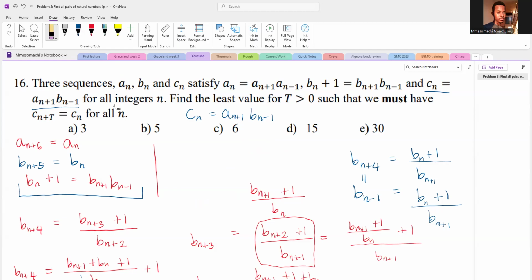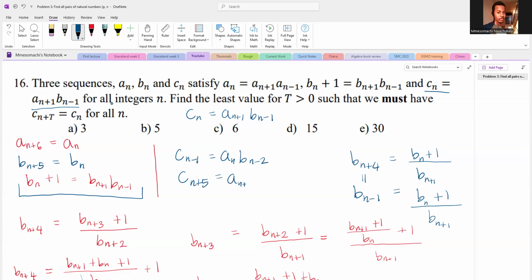You can always pause and look at what I wrote. So we look at Cn minus 1. This is equals to An times Bn minus 2. And then we're looking from the perspective of the period of An. We had 6, so this would be Cn plus 5 is equal to An plus 5, Bn plus 3.